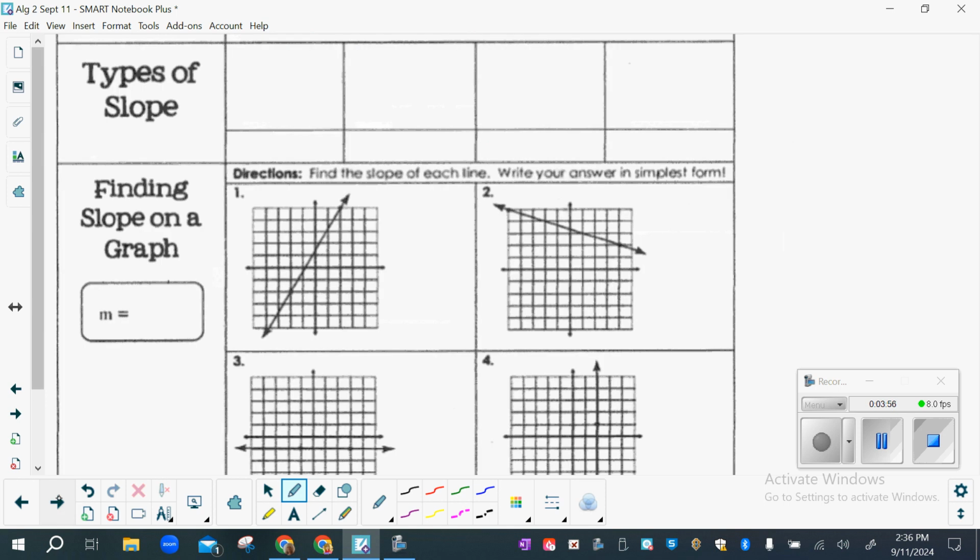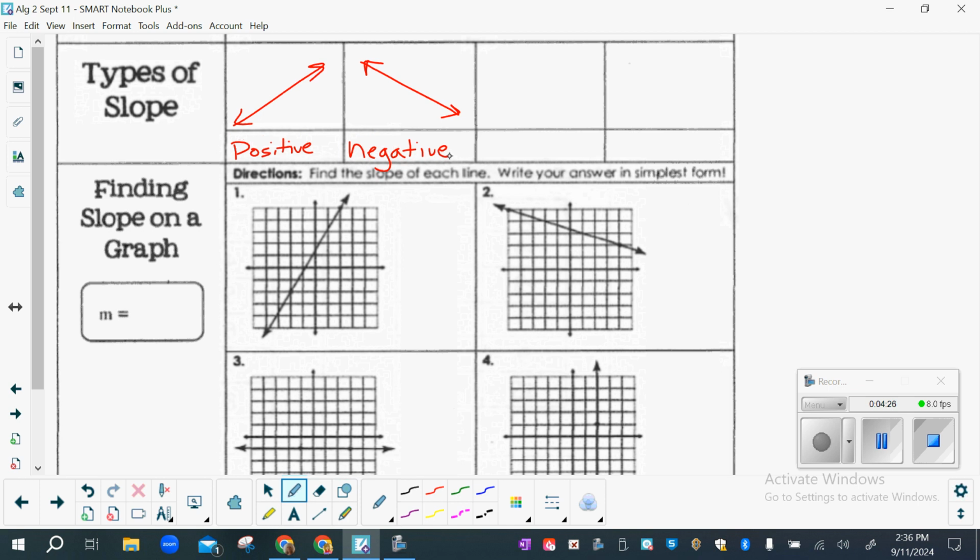Okay, so types of slope. There's one type, what's that? Positive. So we go up to the right, and that's positive. What would this be? Negative. This one goes down to the right. That's a good sign.